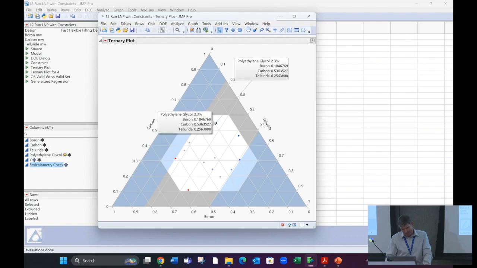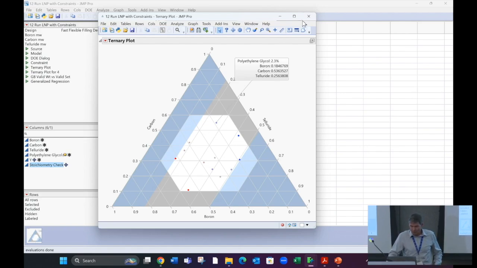So if I take this value right here and I slide down parallel to this, that's 18% here. And then telluride is 25%, which is going to be going with this guy right here. So, meaning along this parallel to this guy. So it's kind of helpful to take a look at what your design space is, particularly your constrained design space.